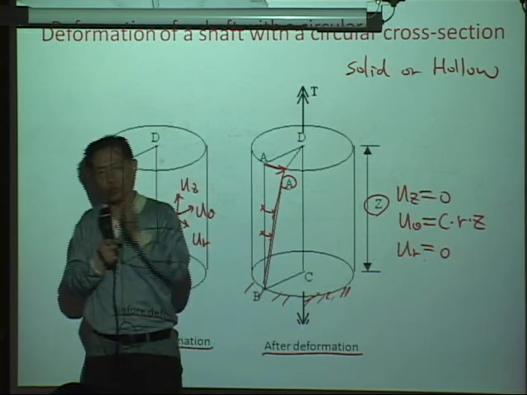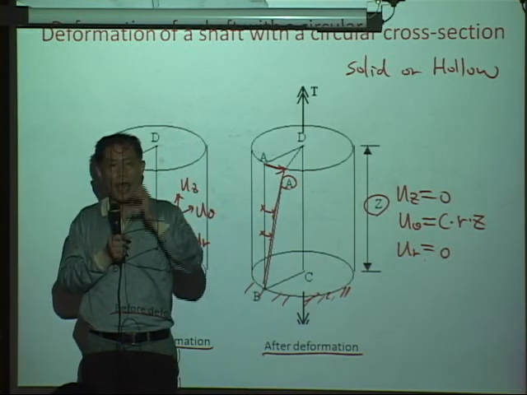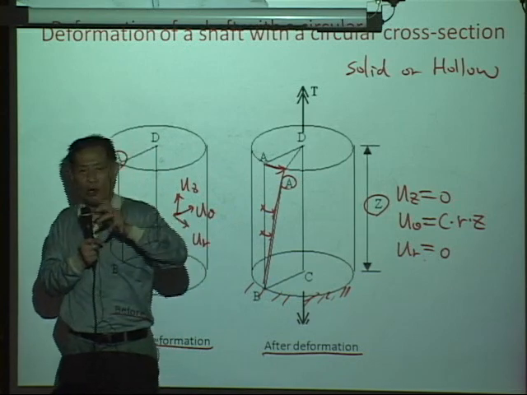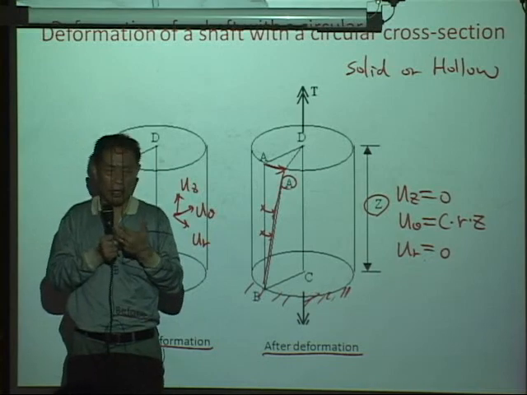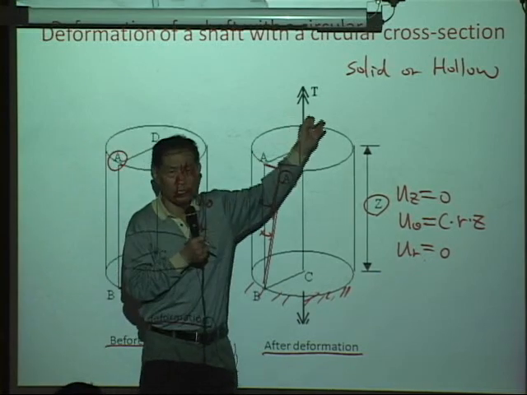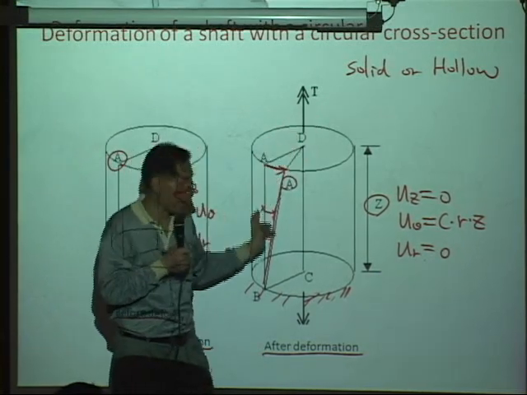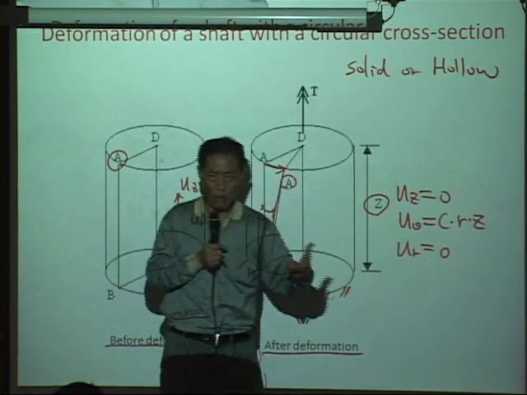So we can move to stress, and stress will be caused by this torsion. So the stress will be given in terms of strain. And so finally, back to here, this C will be determined.